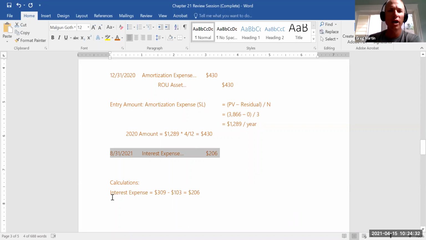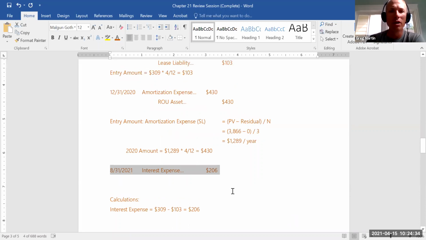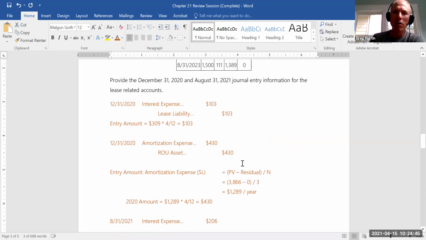The next amount that we have to calculate, and this one's probably a little more difficult, is we do need to also calculate the lease liability entry amount. Now, with this problem, or with any lease problem, when we think about what's happening with the lease liability, whenever there's a payment, that's when the amortization is taking place.